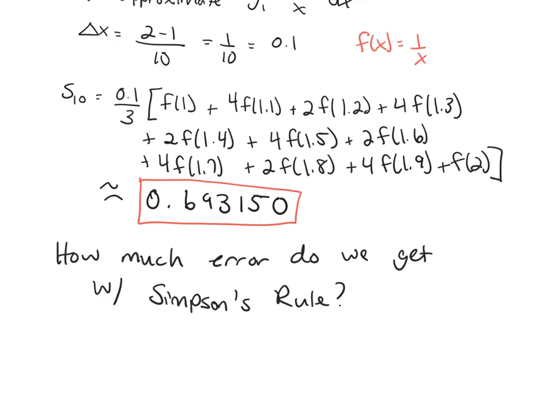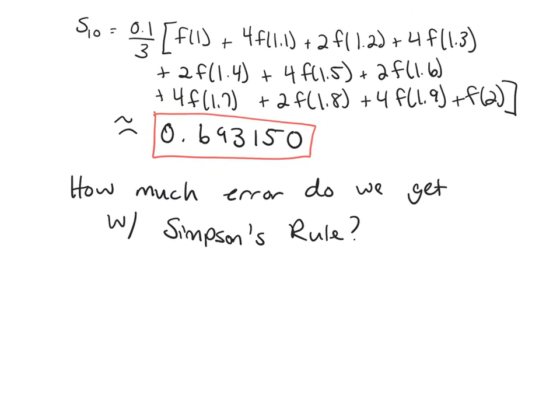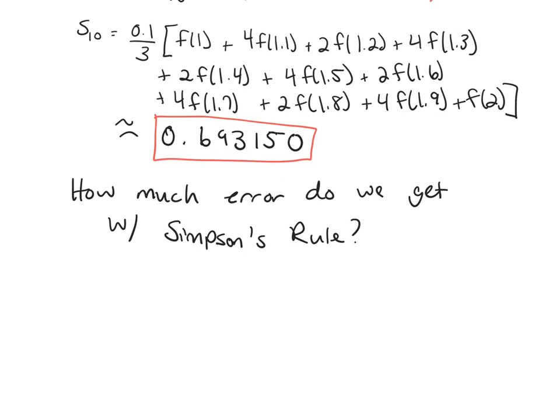Just like the error with the midpoint and trapezoidal rule, you don't know the actual error, you just know a bound for the error. Let me tell you what the bound is. It'll feel very similar to the error that we talked about last time.